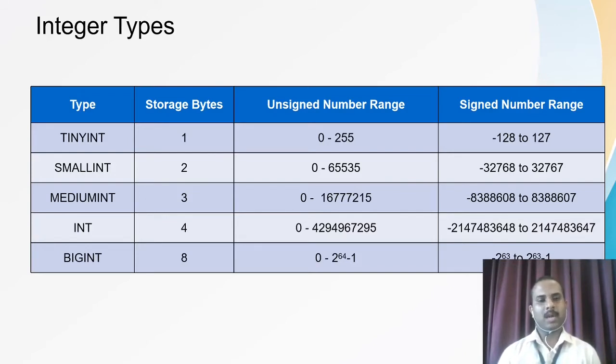You need not memorize the numbers. Just remember how many bytes each type uses, and that 1 byte is 8 bits. Then you can calculate the range with a calculator.